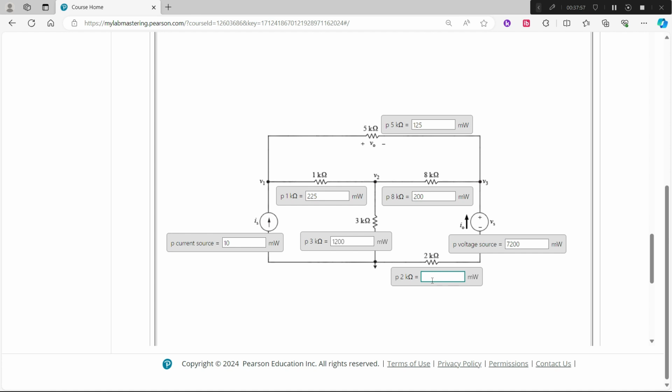And 300 minus 120, 20 squared divided by 2000. It's going to be 200. There you just do 0.06 squared times 2000.